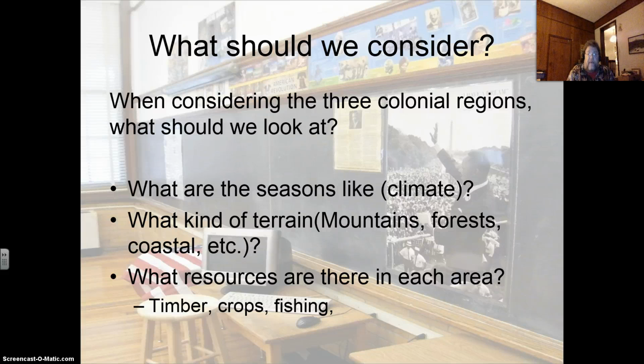If you think about each of those areas, there are certain resources present, and these different colonial enterprises and settlements all had to use the resources they had at their disposal. Timber was a big thing in New England, at the various seaports.